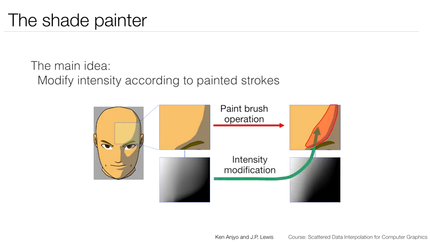Then we want to make some kind of new intensity distribution, so that the new dark area is exactly the same as the dark area specified by painting. So how to make this?